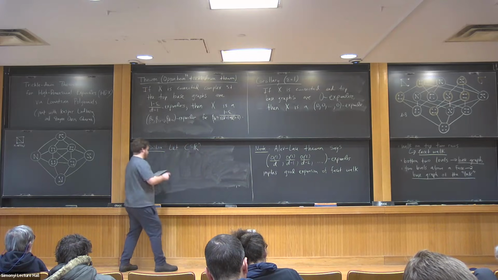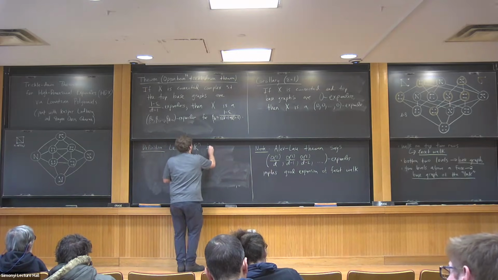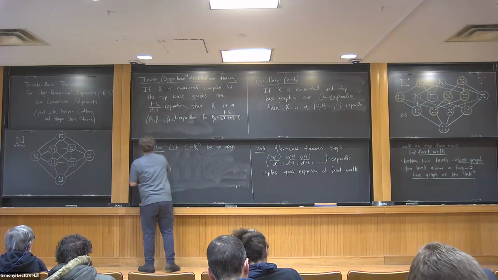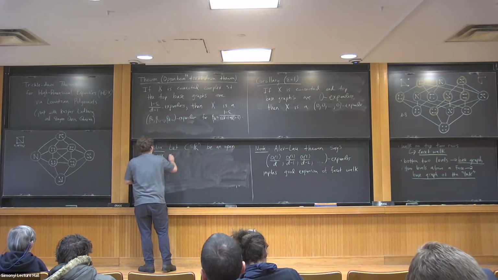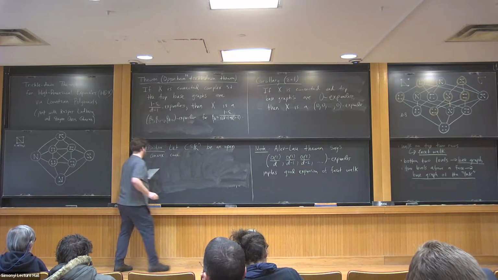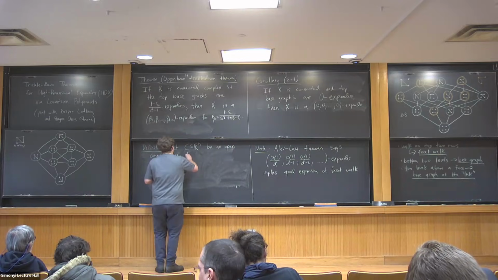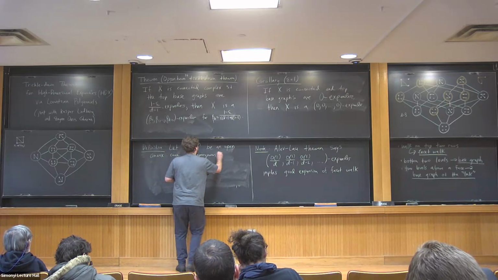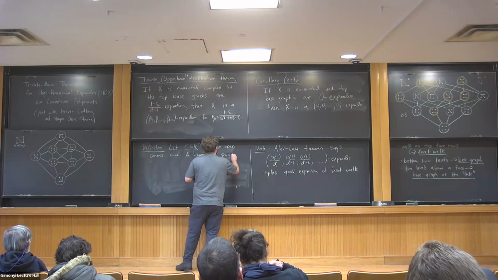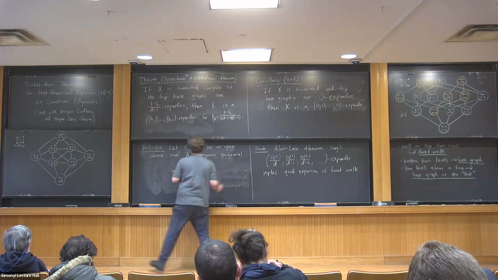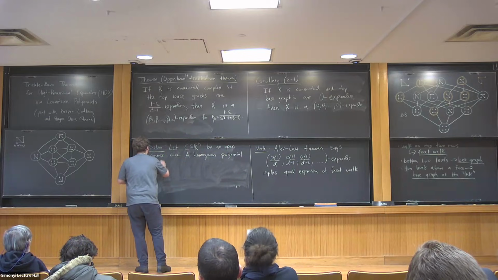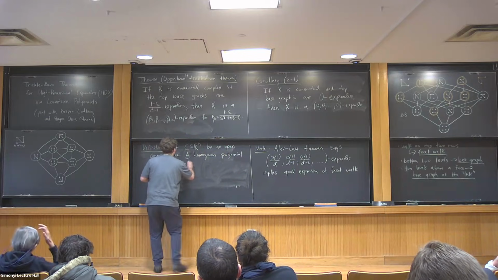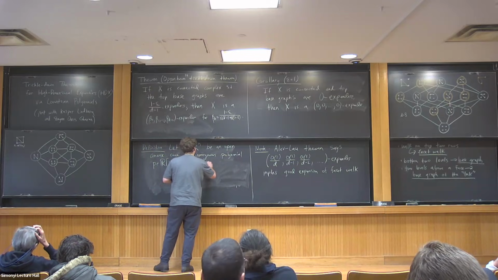Okay, so we're going to start with some open convex cone in R^n. And we're going to look at a homogeneous polynomial in n variables with real coefficients of degree d.